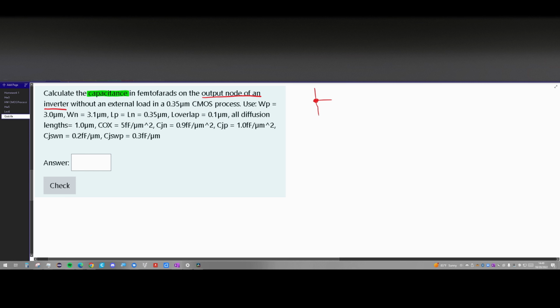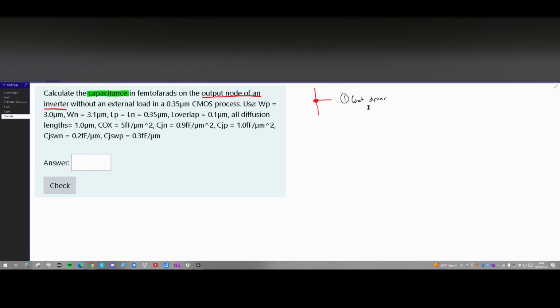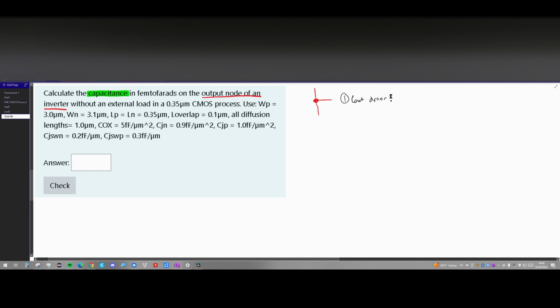So in step 1, and this is the very important step, we have 3 important steps before we get the entire thing. The first step is to calculate the Cout driver. There are 3 components. We have the Cout driver, we have the Cin driver, and then we have a C wire as well. So Cout driver is going to be the following equation.